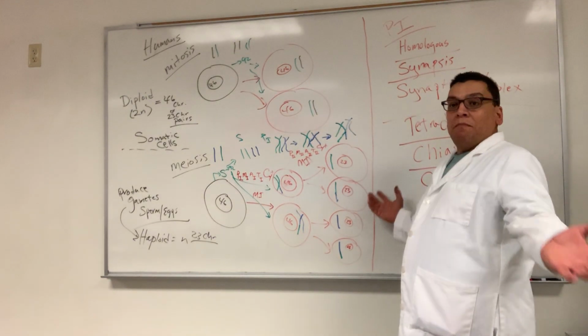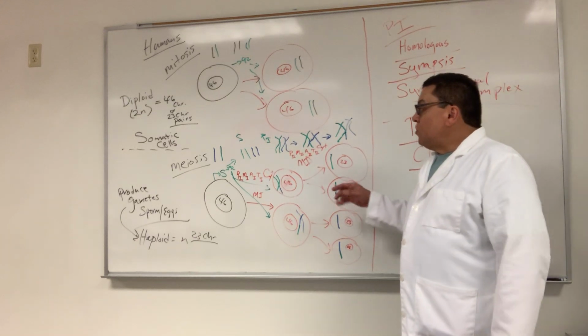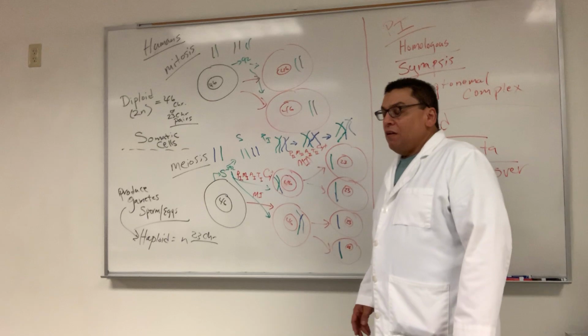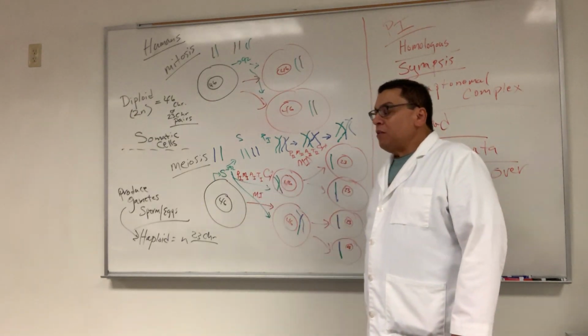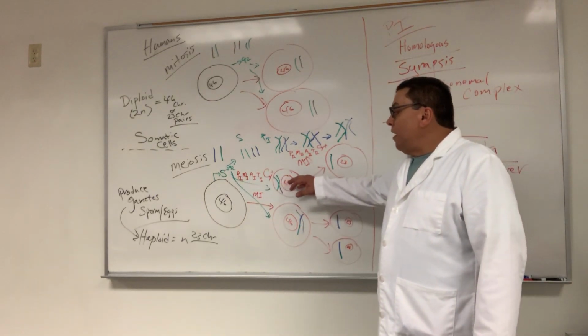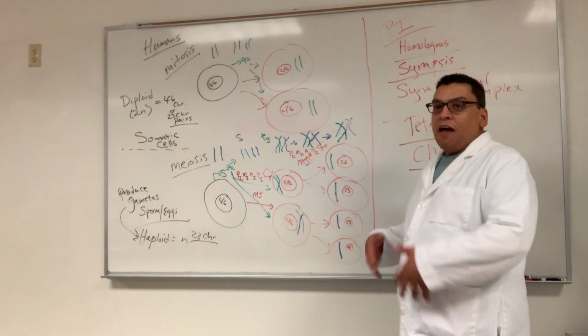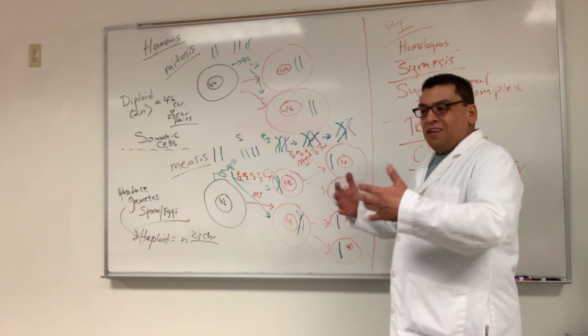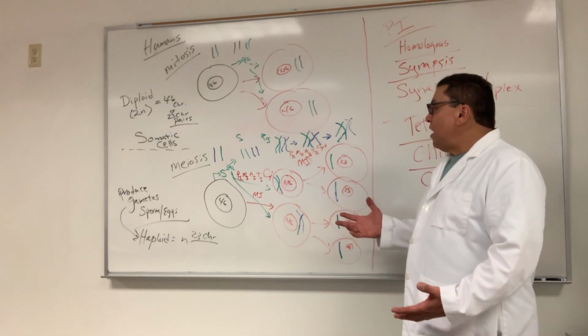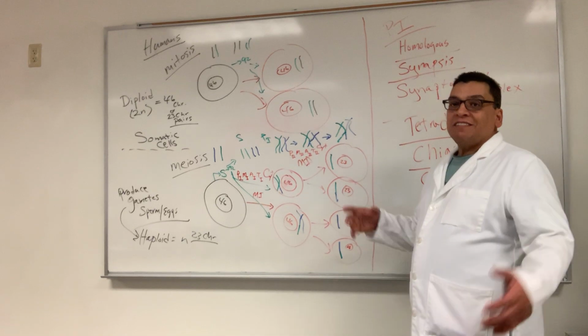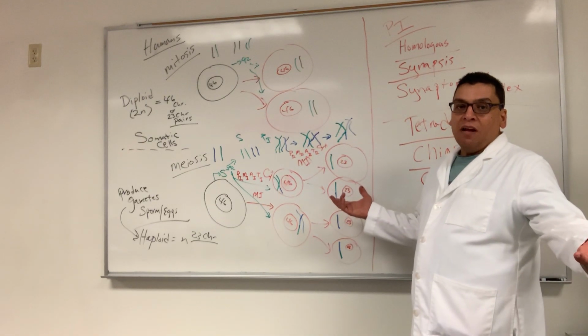It's all random. So the lining up of these tetrads in metaphase 1 and how they separate in anaphase 1, and the lining up in metaphase 2 and separating in anaphase 2, all of that factors into additional genetic variation, because I cannot predict who's going to go where.